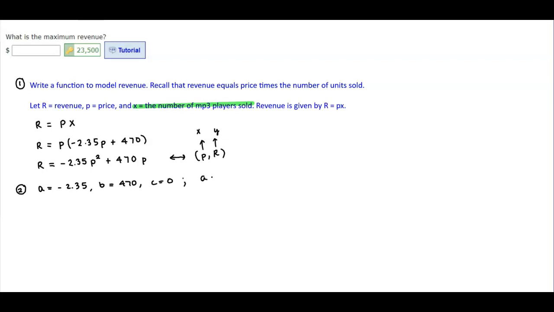Keep in mind that because A is negative 2.35, which is less than 0, this parabola opens down, which tells us we're going to have a maximum point, which is what we're looking for. We want the maximum revenue.